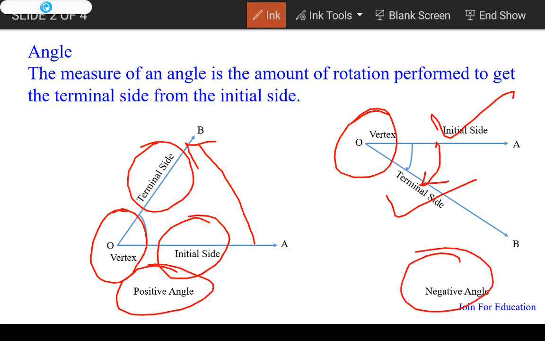So we have positive and negative angles, depending upon the rotation of the initial side, clockwise or anti-clockwise, which declares that the measured angle is either positive or negative.